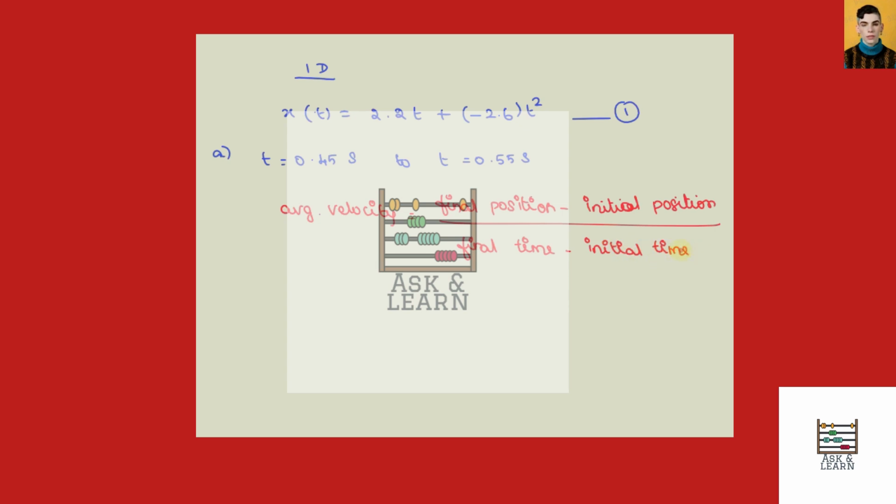This is the velocity. So here the average velocity is equal to x2 minus x1 divided by t2 minus t1.